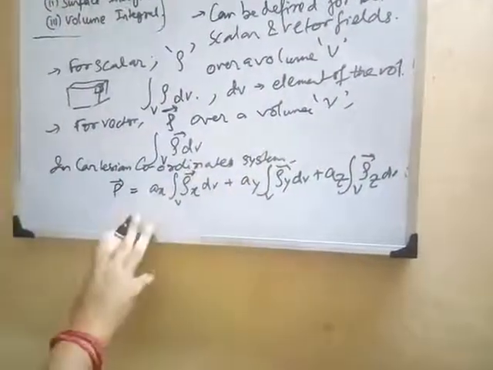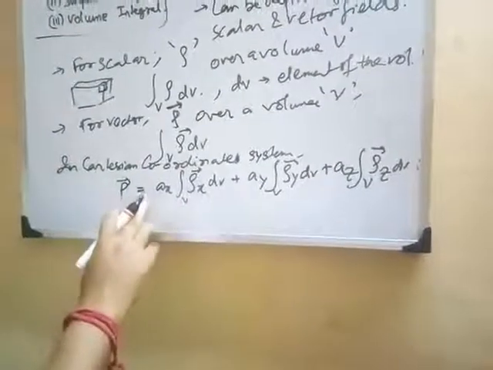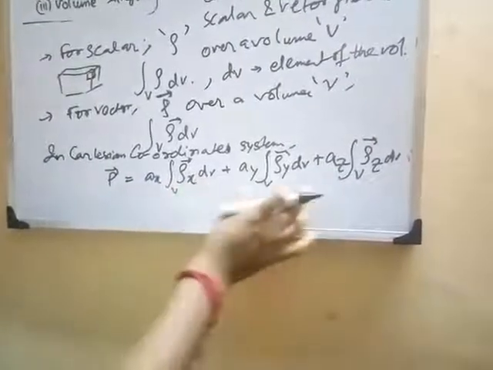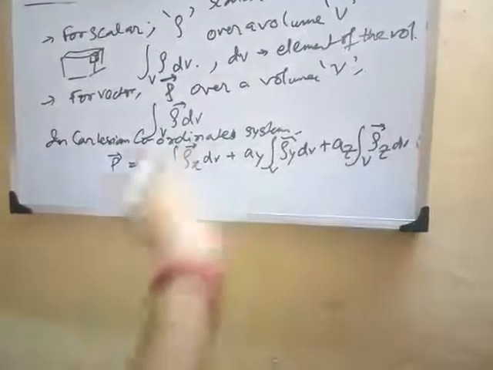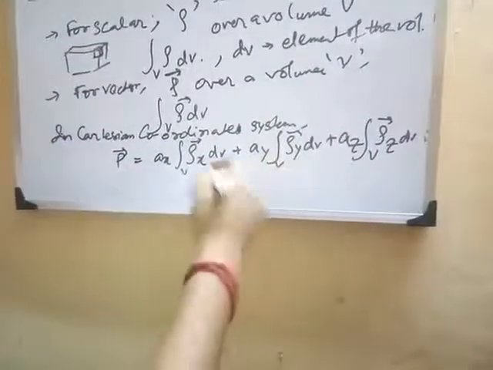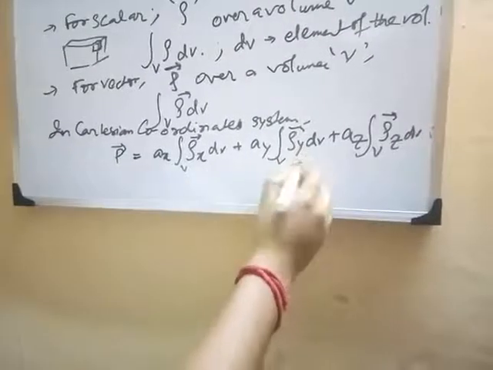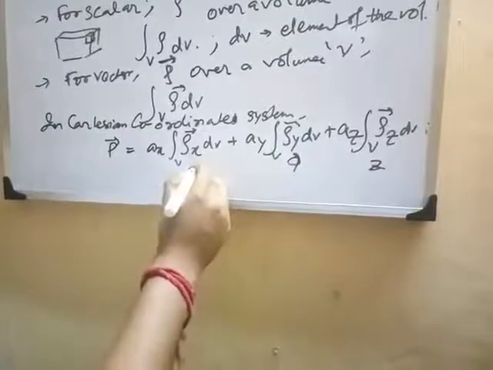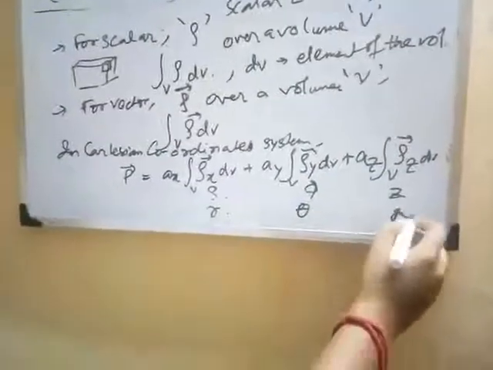So for a Cartesian coordinate system we simply have the sum of the vectors in all directions, like x direction, y direction and z direction. Likewise you can use it for cylindrical also. In place of x it will be rho, in place of y it will be phi, and in place of z it will be z for the cylindrical system, and for the spherical system it will be r, theta, and phi.